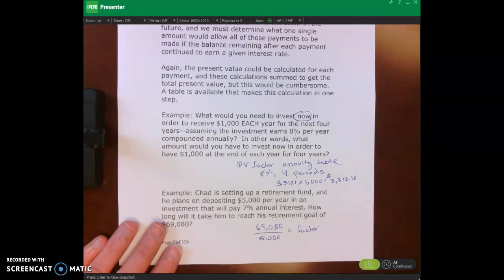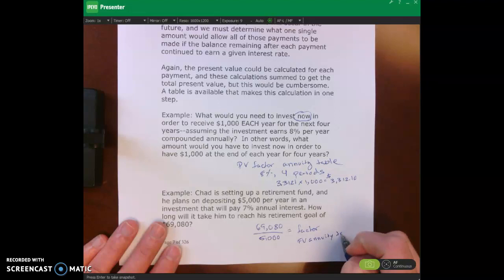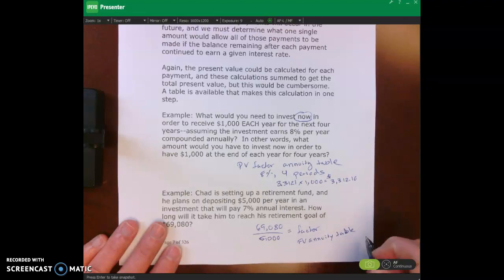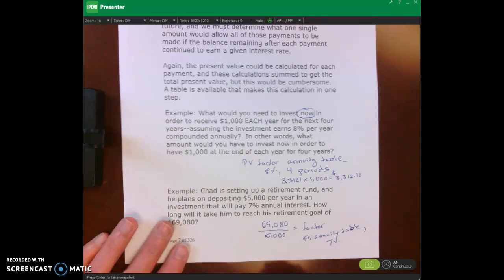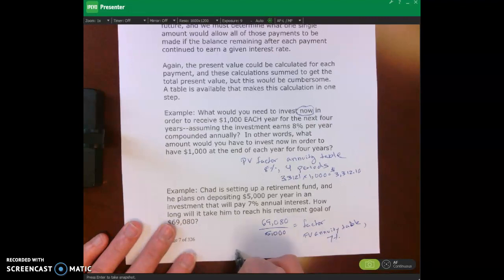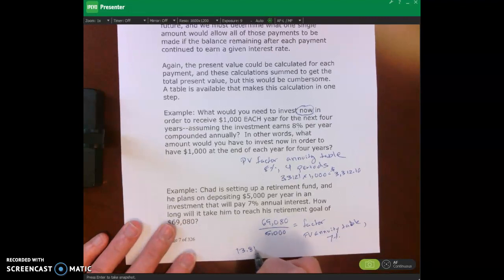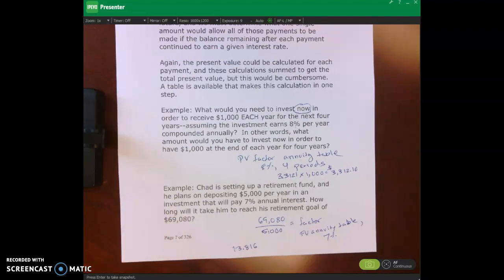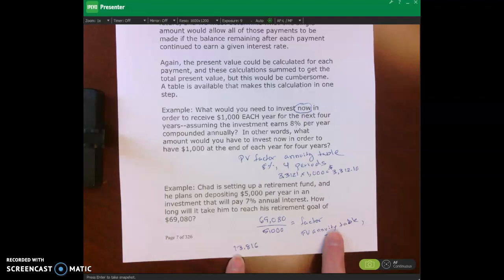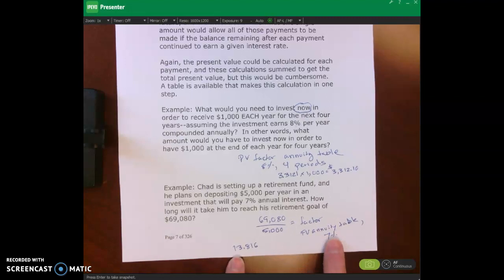And then we look up that factor in the future value annuity table, 7%. So when I do the math, I get 13.816, and then you would find this factor in the future value annuity table in the 7% column.